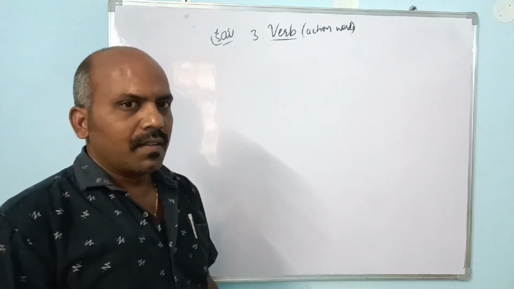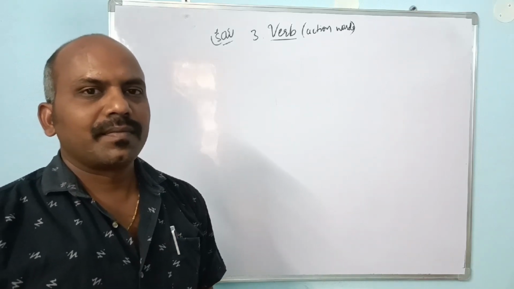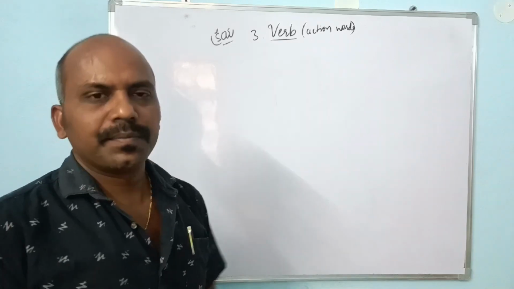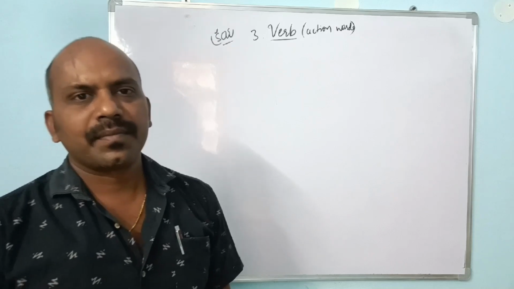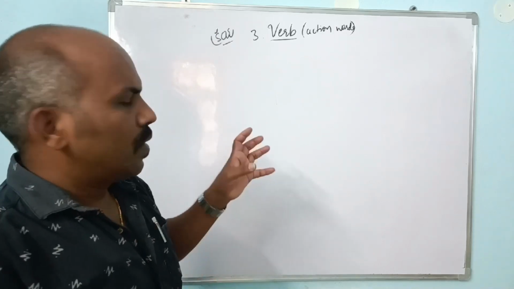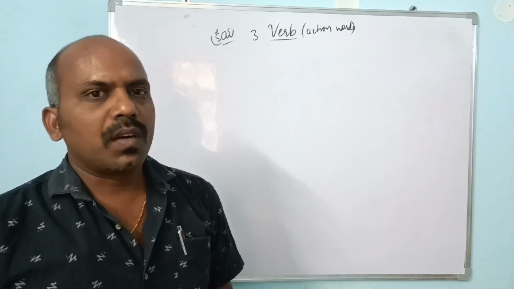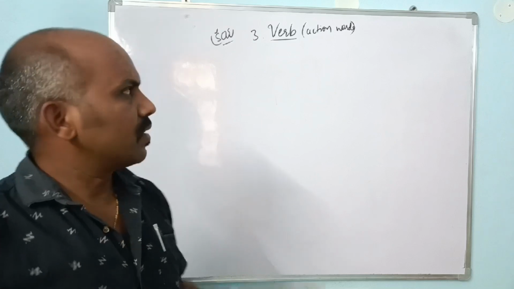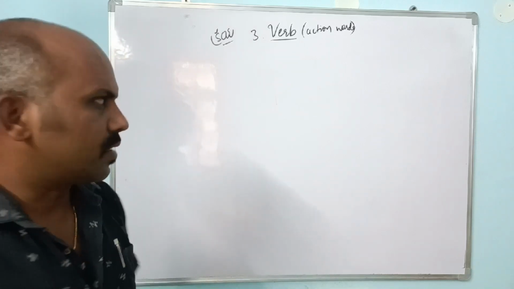Suppose I am teaching, right? The action I am doing here, teaching, is a verb. You are listening. Listening is a verb, right? So what the subject or what a noun is doing, that word comes under verb, right?